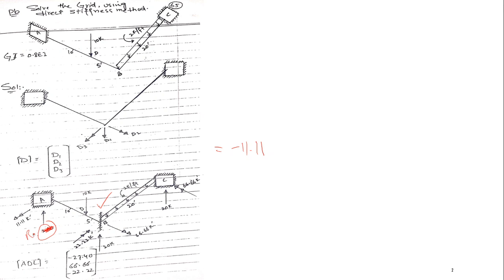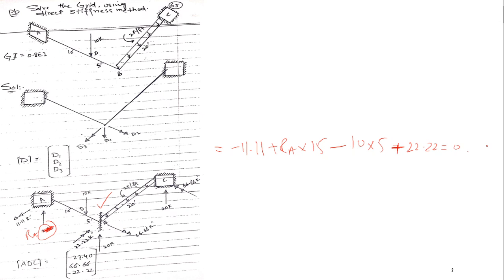This is RA. So plus RA into 15 and minus 10 into 5 equals to, and then this is, yes, plus 22.2, and you have to find now.